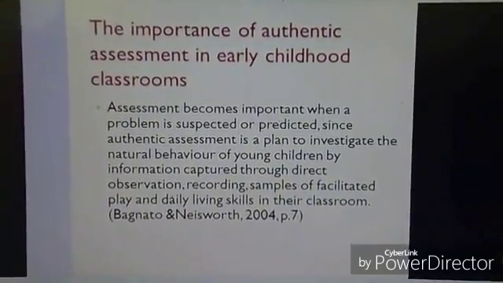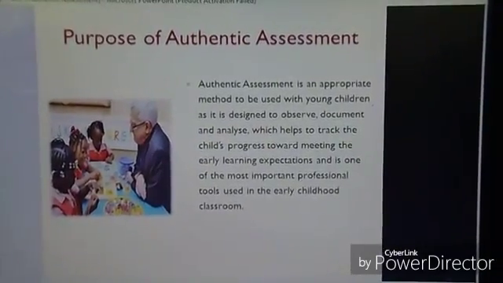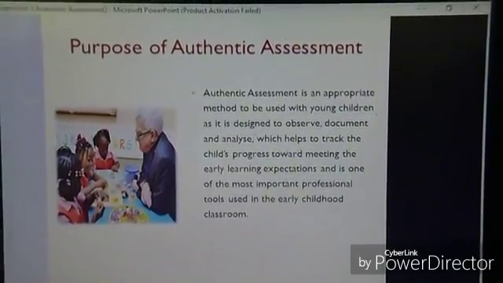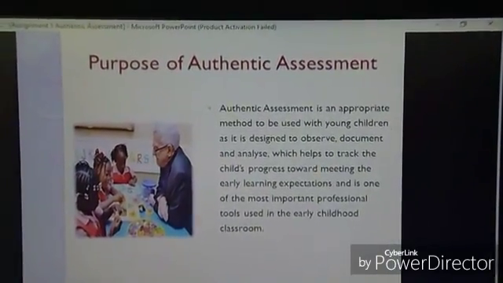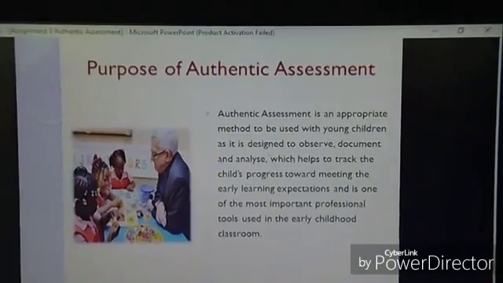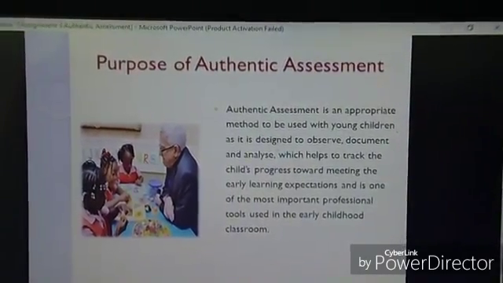So the purpose is to track the child's progress toward meeting their learning expectation. And we also learned that authentic assessment is one of the most important tools used in the early childhood classroom.